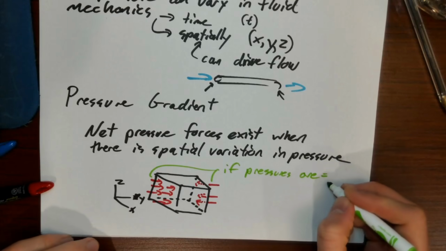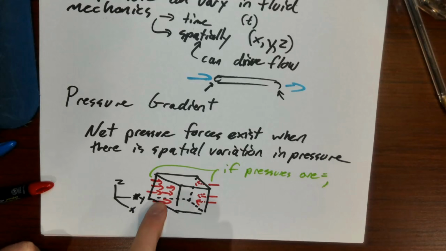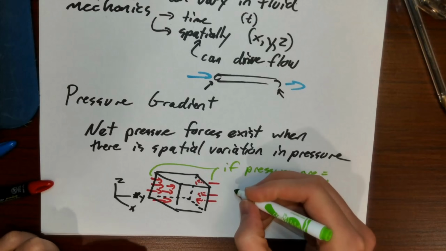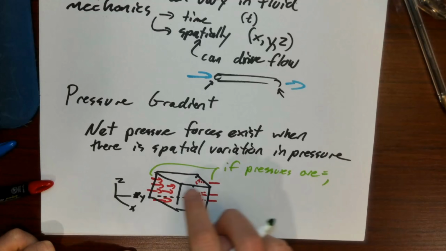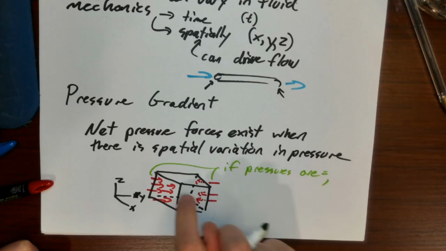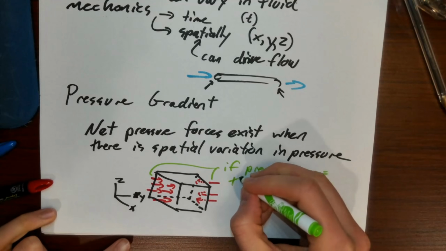If the pressure on this face is the same as the pressure on this face, then the forces from those two pressures would end up perfectly canceling out. So if the pressures are equal, then they cancel out.